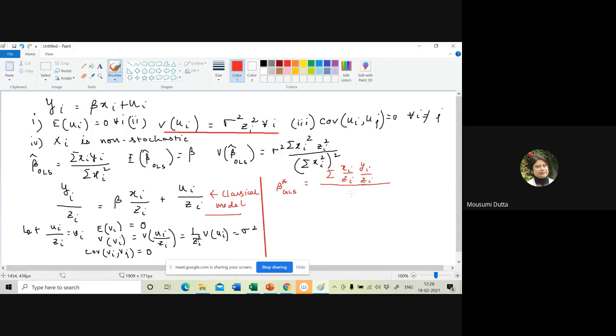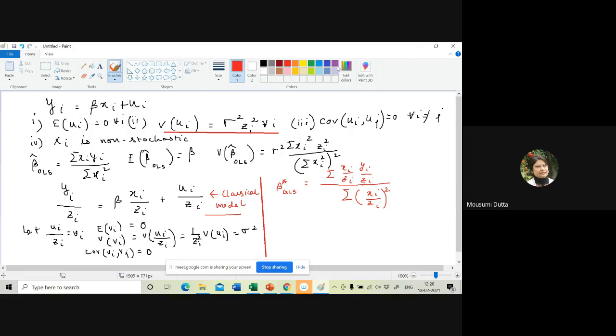So simply I can keep it in this way. This is the simplest thing. I don't know what you are doing, all these things you did at your undergraduate level. So it is summation XiYi divided by Zi square, or you can simply write summation Xi by Zi into Yi by Zi divided by summation Xi by Zi whole square. So this is your beta star GLS.